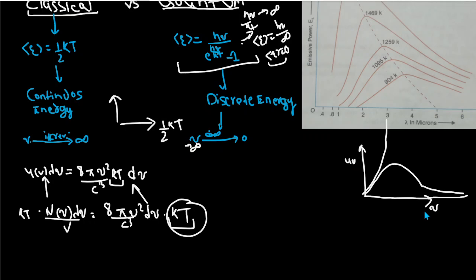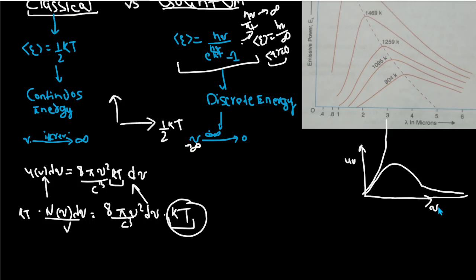But in the classical idea, if you keep increasing the frequency, the energy density also increases. Here in this case, it is not true. If you put the value of frequency as infinity, the average energy is zero, and that's what we have to show.